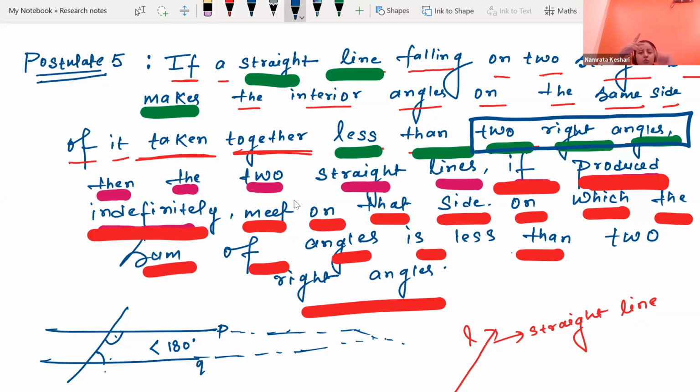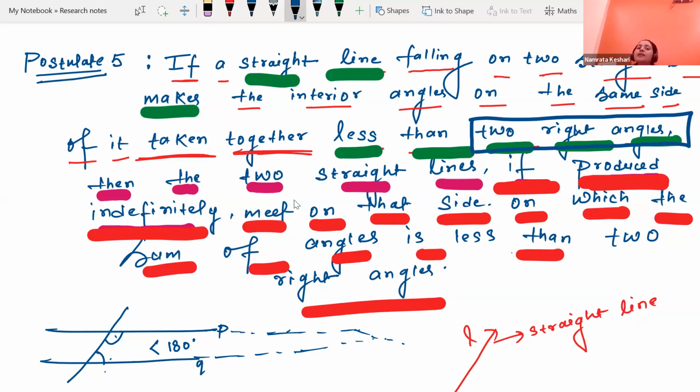If it is more than 180, then randomly anything can be the distance. It will meet or not meet, we don't know. But the distance will keep on increasing, and it depends whether it goes consistently or after that it is going to meet. Randomly the lines will go. It will not maintain the same distance.